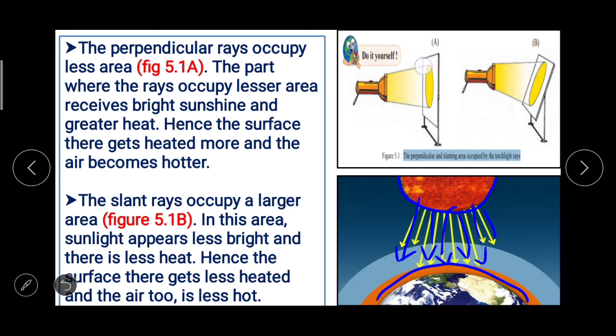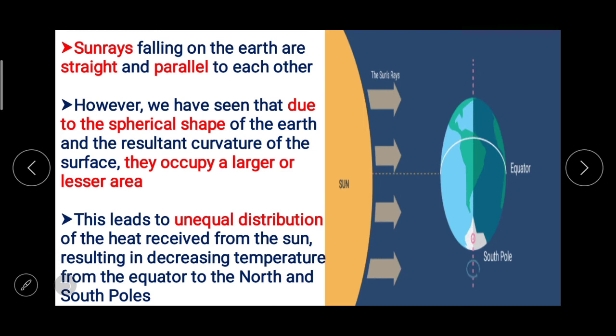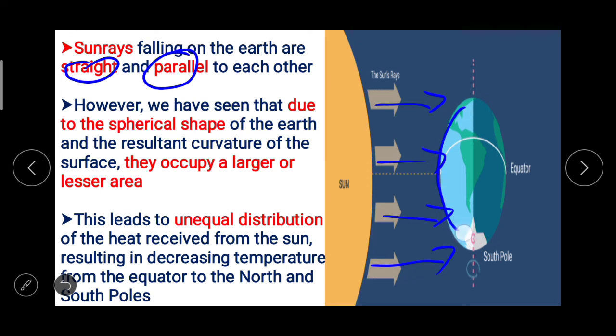In short, यहाँ पे देखो, sun rays falling on the earth are straight and parallel to each other. Here you can see straight, straight, straight, straight and parallel. However, we have seen that due to the spherical shape, not exactly the circular.